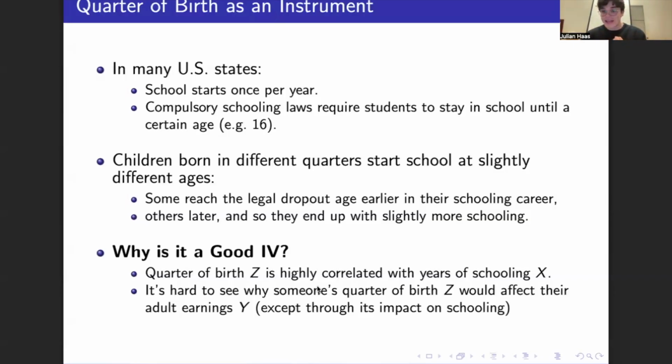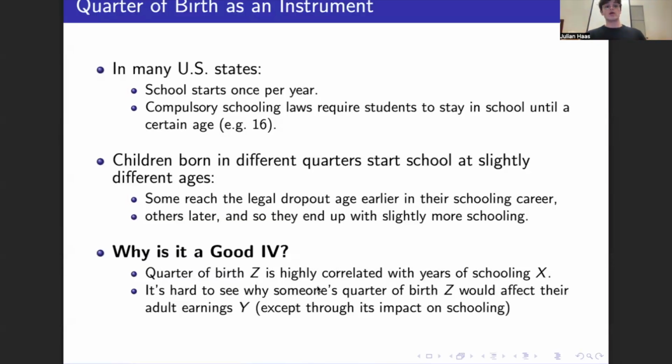And second, it goes back to the weird instrument issue where it's really hard to see why the quarter you're born in would affect your earnings, except through its impact being through schooling. So that's really all we're talking about here. Z is highly correlated with X. Z is uncorrelated with Y. And so that's really all they do.